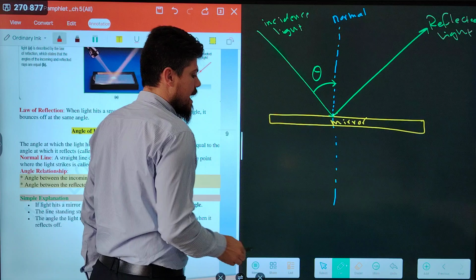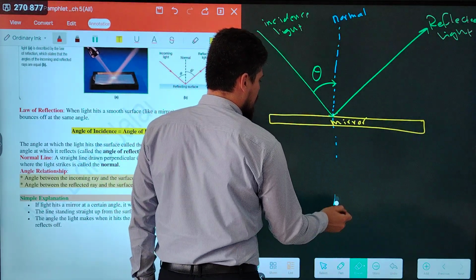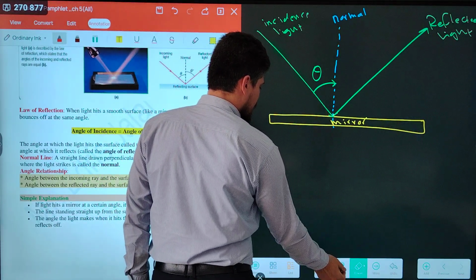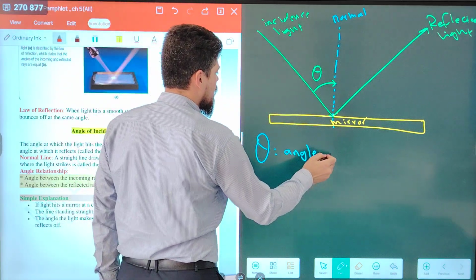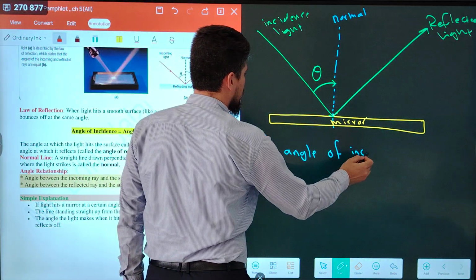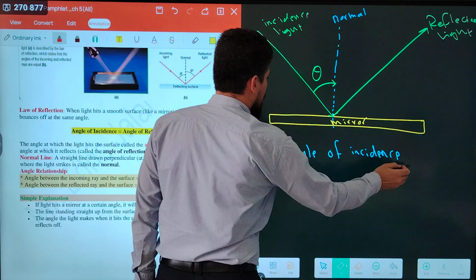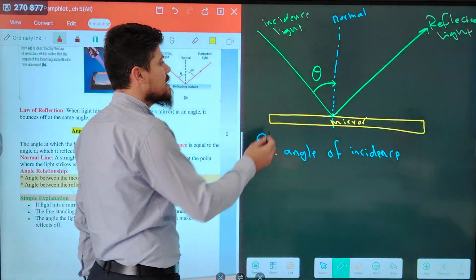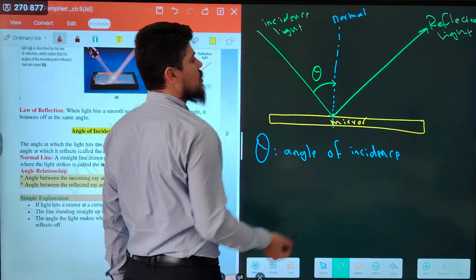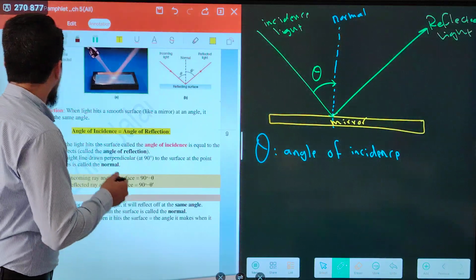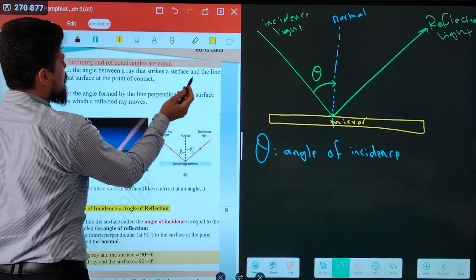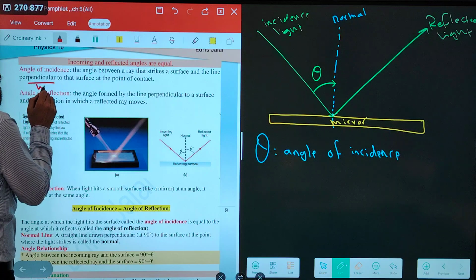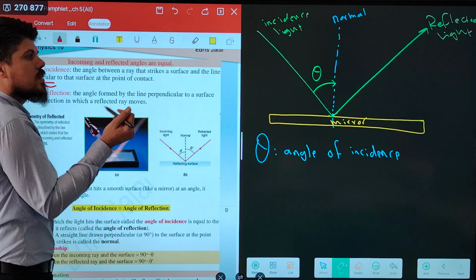What is theta? The angle of incidence. It is the angle between incoming light and the normal. The definition of angle of incidence: the angle between the ray that strikes the surface and the line perpendicular to the surface at the point of contact, which is the normal.